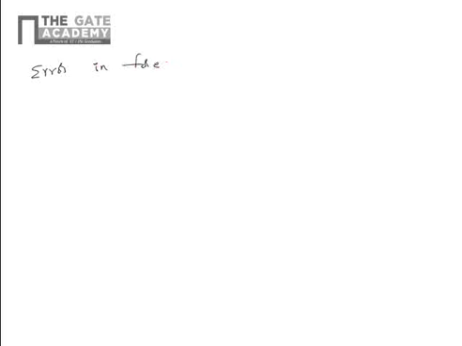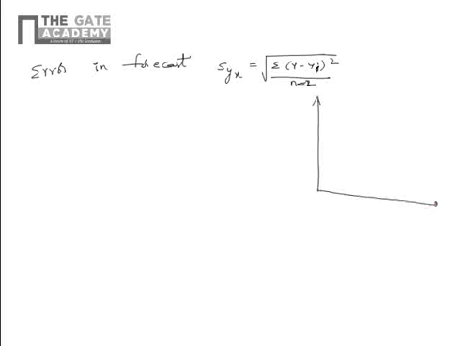Error in forecast: SYX, standard error of y on x, equals the square root of sigma (y minus yc) whole square divided by n minus 2, where n is the number of observations. Error is a standard deviation of the forecasted values from the actual values.